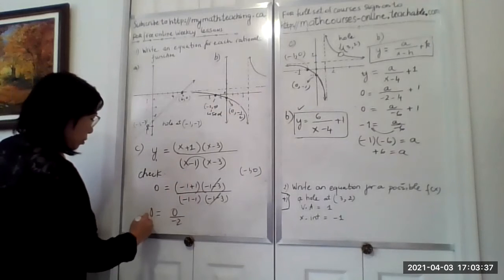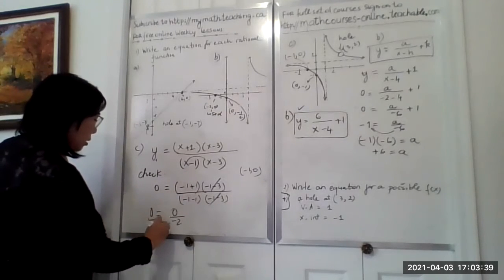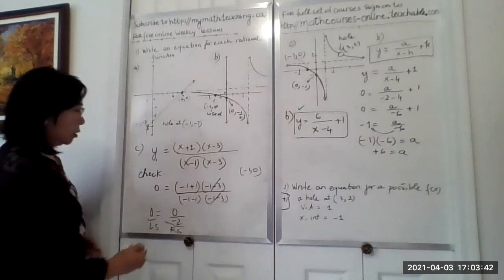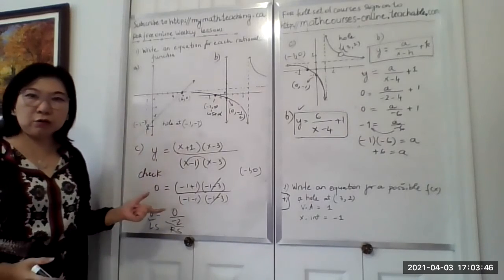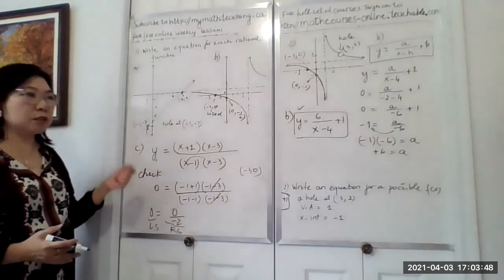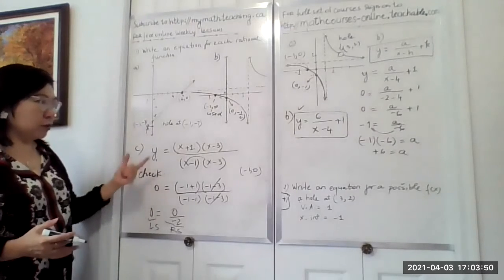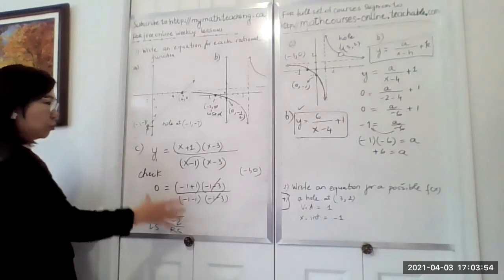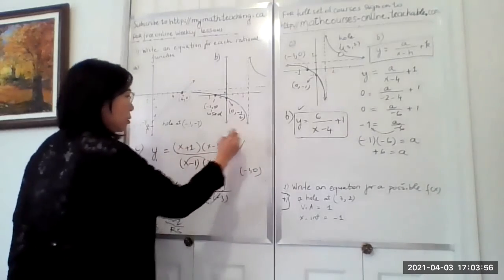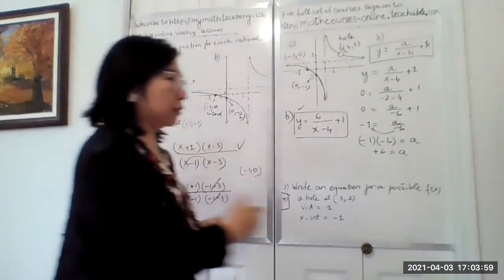Of course, it's 0. So yes, left side equals right side. We don't have any problem when we substitute a point into our equation and check the left side and right side. Everything looks good, so now we know for sure that this equation is correct after we check.